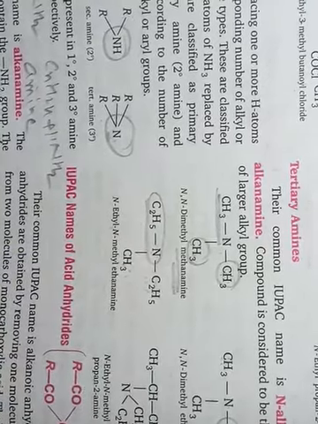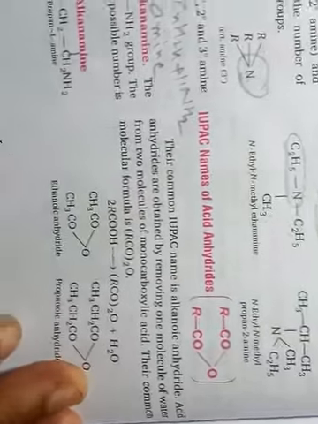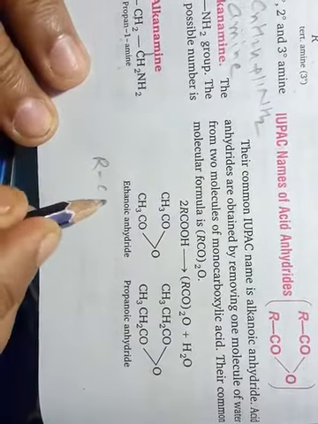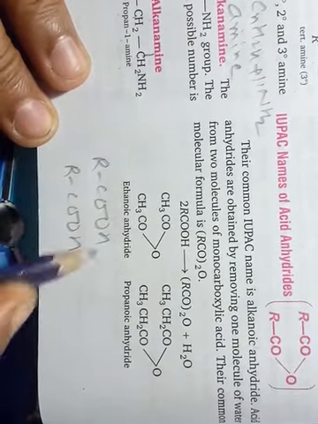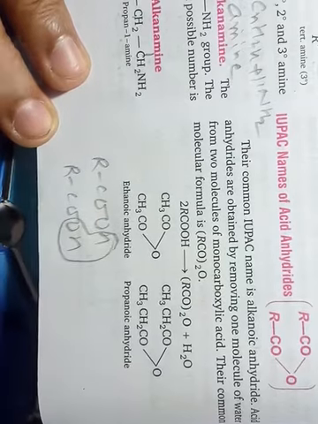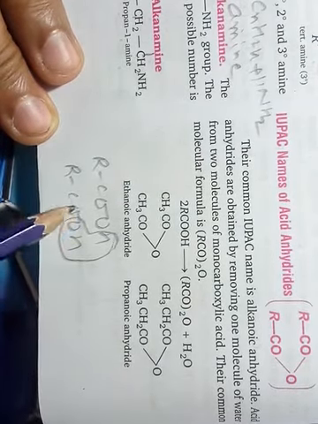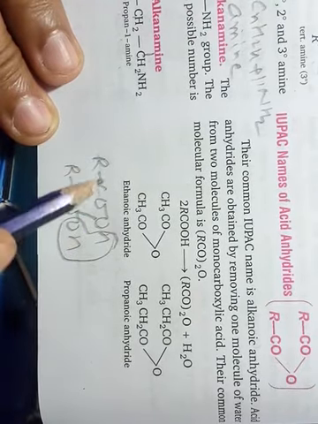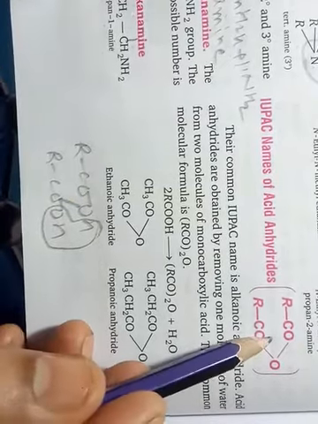Okay students, then acid anhydrides. An acid anhydride is formed when a molecule of water is removed from two molecules of the acid. This carbon will join to this O, and this O will join to this carbon, so this is the structure of an anhydride as you can see from here.